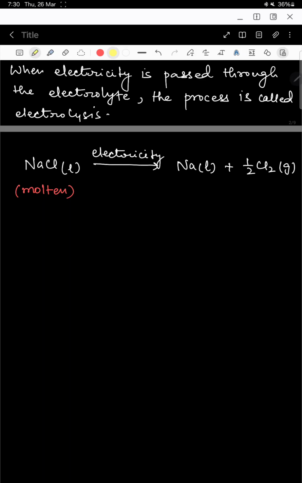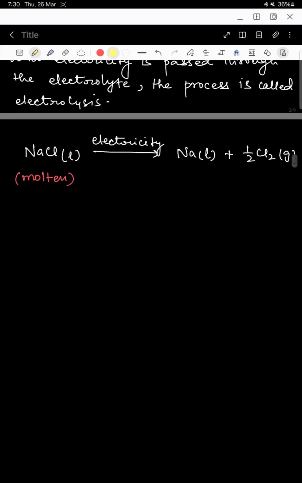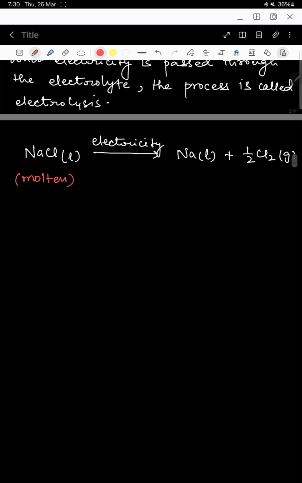Now sodium is usually formed at the cathode, that is the negative electrode, right hand side. I will write it down. Sodium is formed at the cathode and chlorine at the anode, right? Now we will also learn why it happens like this, sodium at cathode, chlorine at anode.